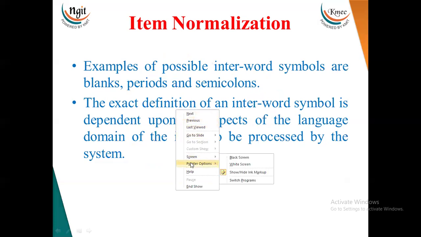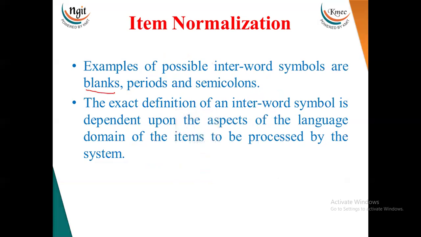For example, what are the interword symbols? You will have blank spaces, periods, and semicolons. While writing a sentence, in order to maintain the grammar, you will write the blanks. You can use periods, you can use semicolons. Extracting information from an interword symbol depends upon aspects of the language.